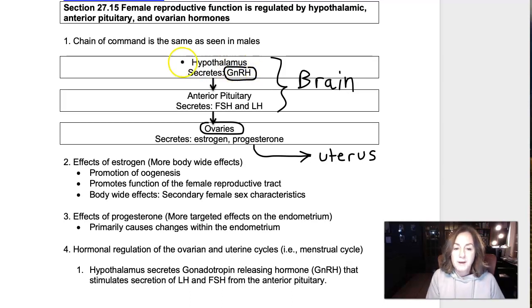GnRH is released by the hypothalamus, and it controls the anterior pituitary. It causes the anterior pituitary to release both follicle-stimulating hormone, FSH, and luteinizing hormone, LH. FSH and LH enter the blood, circulate to the ovaries, and stimulate the ovaries to undergo changes. Like I said, the ovaries will in turn secrete hormones.